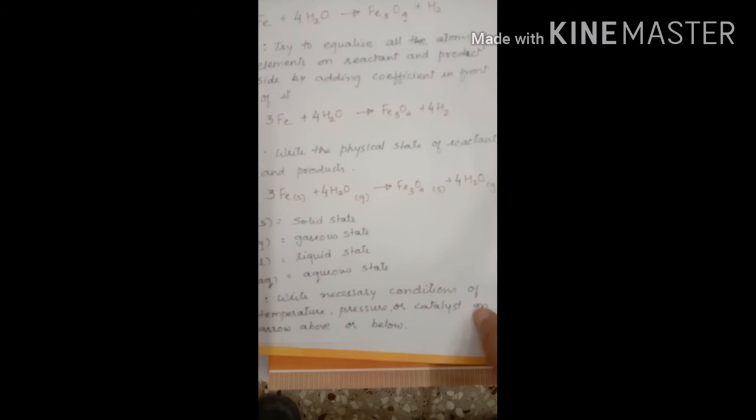We are supposed to write down the state in which they are present. Clear, students? Later on, if any condition is necessary, like temperature, pressure or a catalyst, it has to be written on the arrow, as I have explained before. Okay, clear, students?